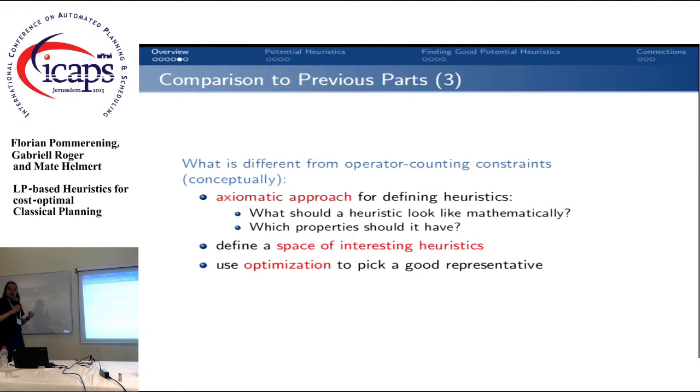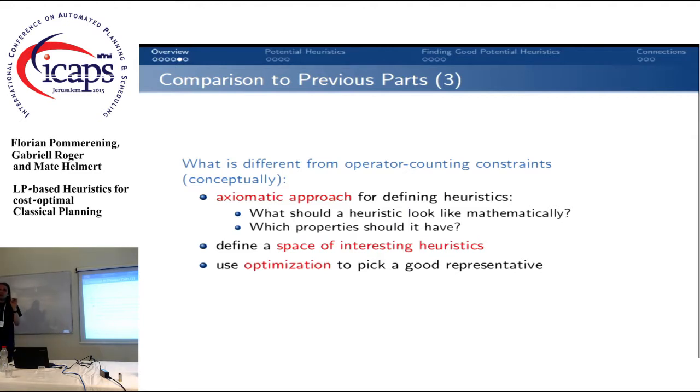That's on the computational side, but there's also something very interesting here conceptually, regarding how we approach the problem of heuristic design. In a way, what we're trying to do with the potential heuristics is not to say, here's an idea, here's my heuristic, let's work out with pen and paper what's going on here.